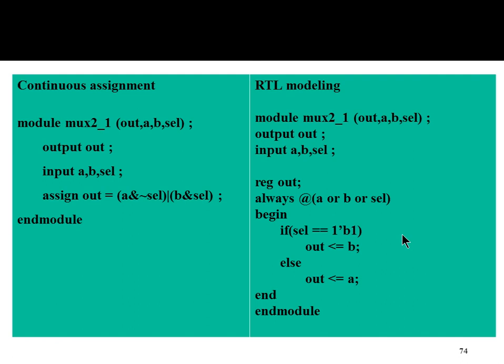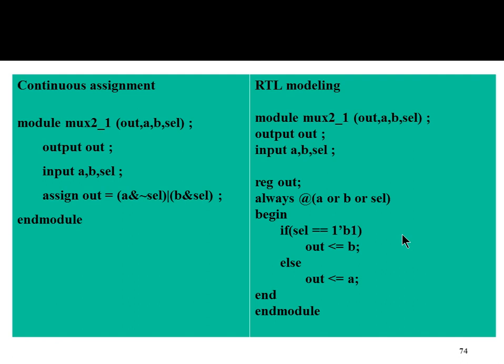So in Verilog language representation, is there any difference between blocking and non-blocking assignments from which you can make out whether it's a blocking or non-blocking assignment? Yeah, the output is less than or equal to, which states that it is non-blocking.